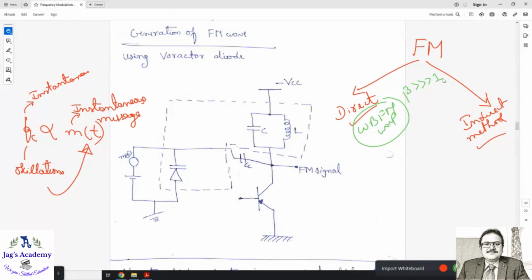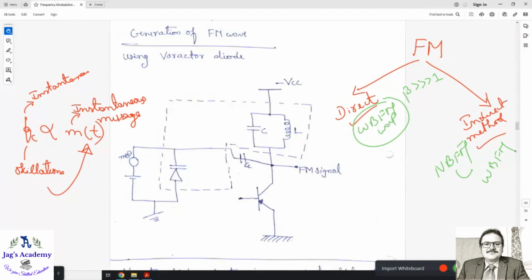So what is done in the indirect method? First you generate a narrowband frequency modulated wave. After that you use something called multipliers to get your wideband frequency modulation. Have you understood the difference? In the indirect method we start with the narrowband, but you have to generate wideband only. What to do?